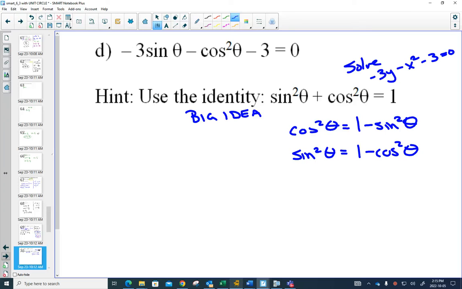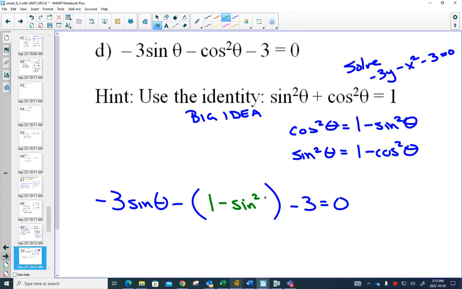What that lets me do is rewrite my original equation, negative 3 sine theta minus 3 equals 0, but instead of the cos squared, what would I write instead? Cos squared can be changed to 1 minus sine squared.